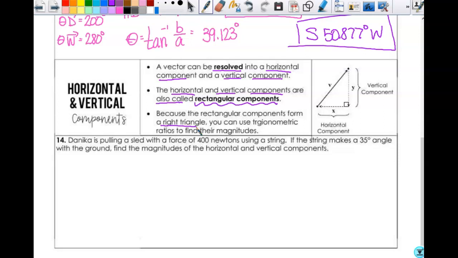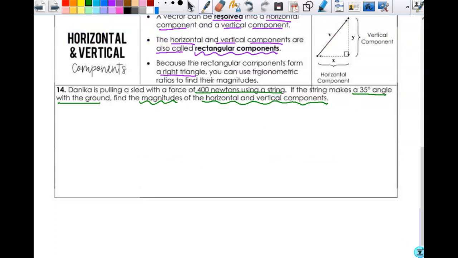It says Danica is pulling a sled with a force of 400 newtons using a string. If the string makes a 35-degree angle with the ground, find the magnitudes of the horizontal and vertical components. All right, so she's pulling a sled with a force of 400 newtons using a string.